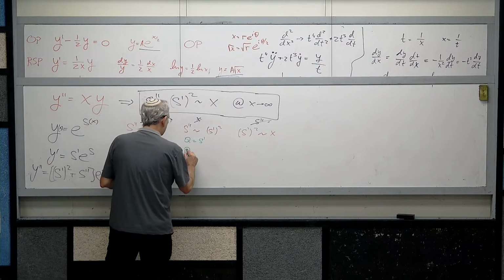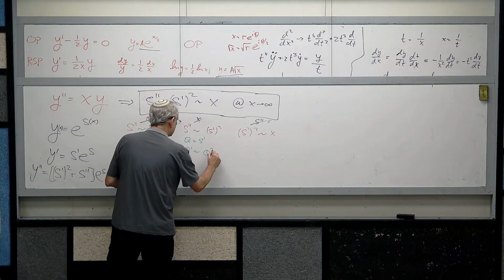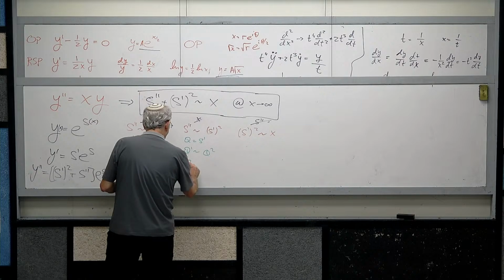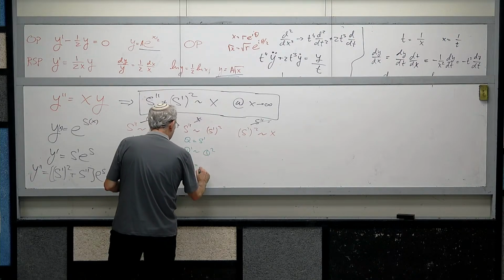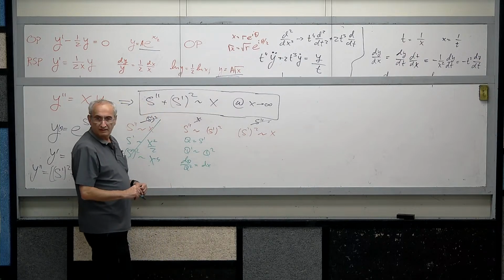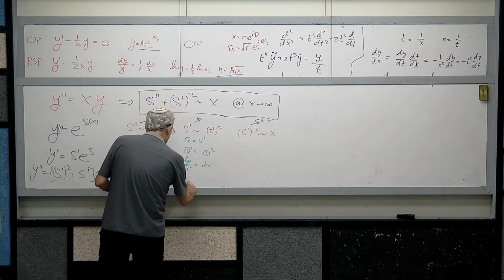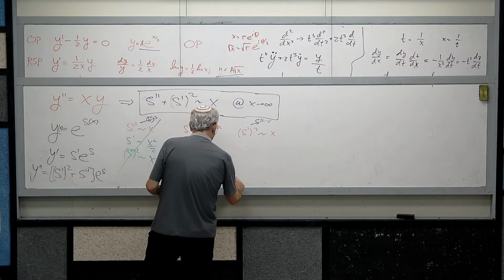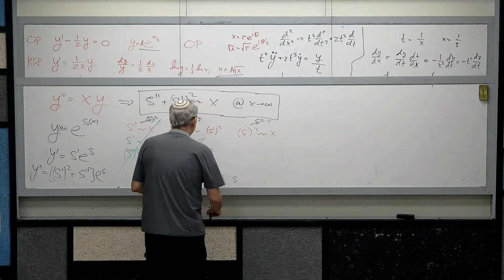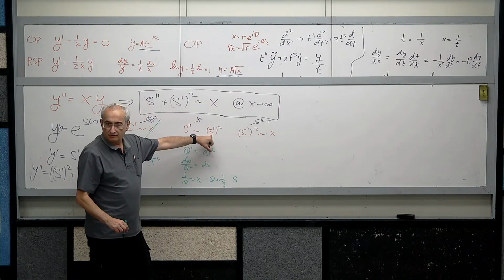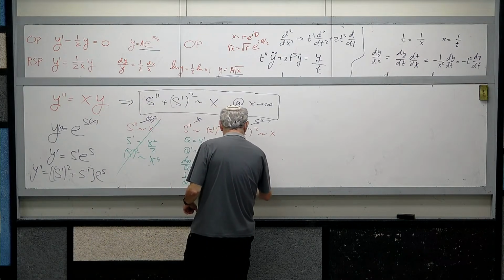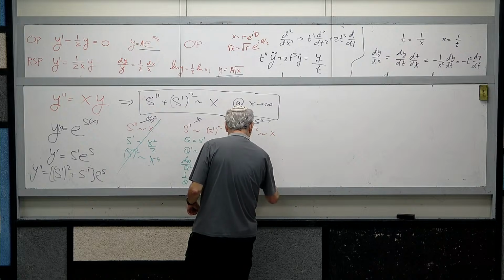What is written here is that q prime is asymptotic to q squared, which implies that dq over q squared is dx. So 1 over q is going like x, so q is going like 1 over x. q is s prime, so s prime squared, which is q squared, is going like 1 over x squared as x goes to infinity.